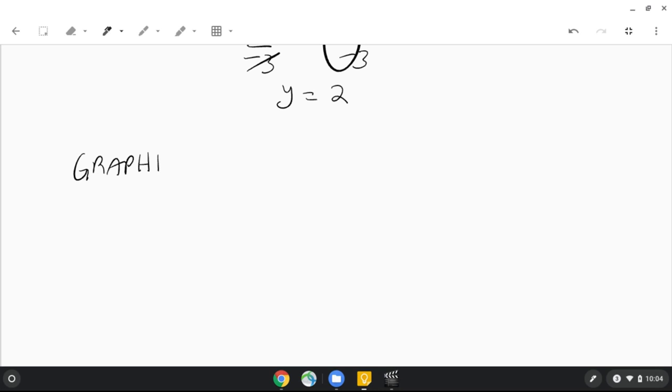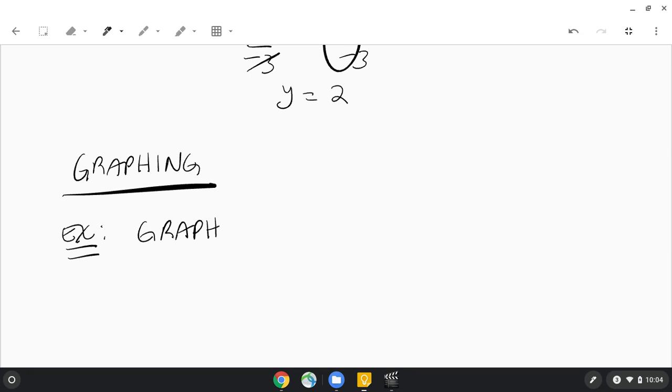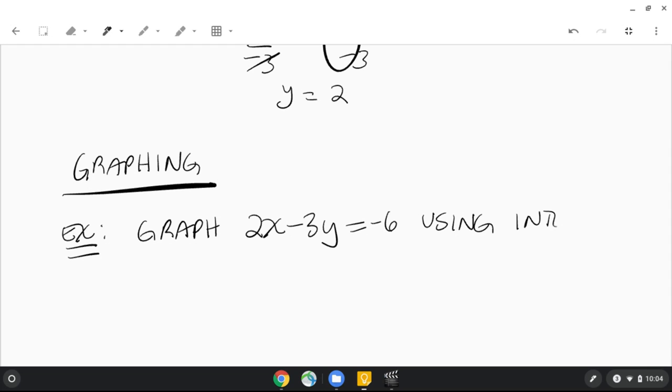So let's do that one here. Let's graph it. I'll write that equation again. It was 2x minus 3y equals -6. And we'll graph it using intercepts.